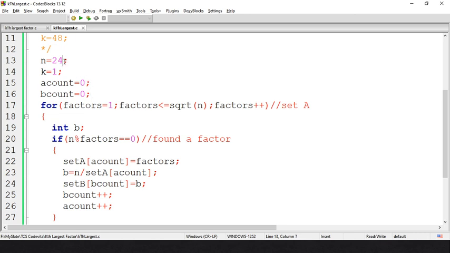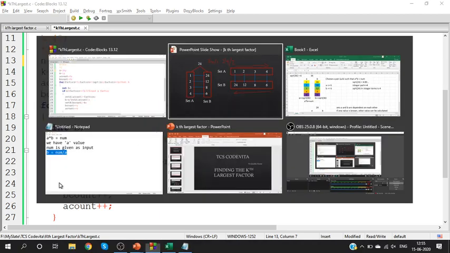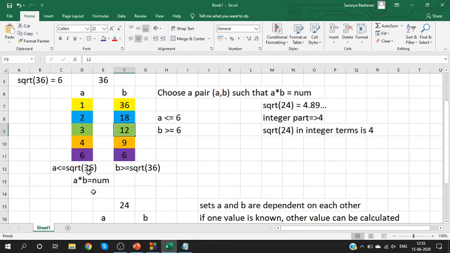This will fail for the number 36 because 36 is a perfect square. 36 has 6 in both the sets. Can you understand this? For perfect squares, one factor will be present in both sets. In set A as well as in set B, what is present? The 6 is present. Is it clear?